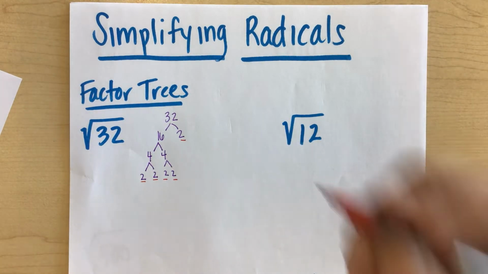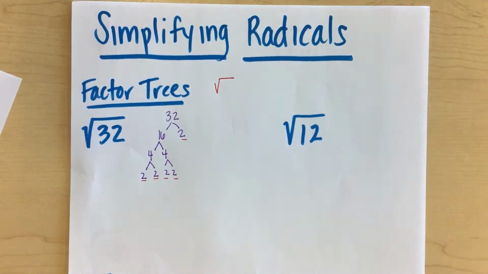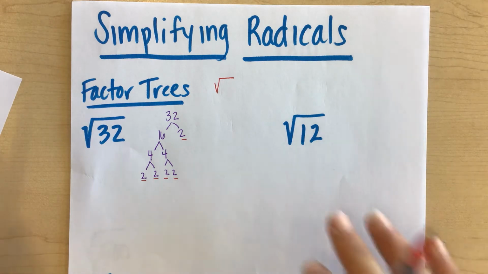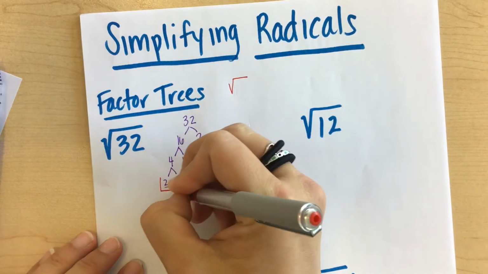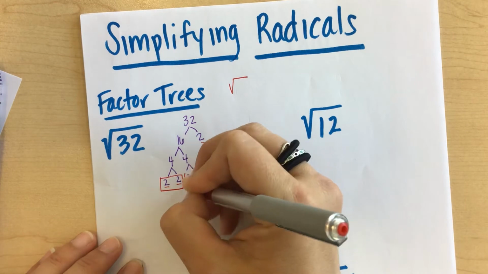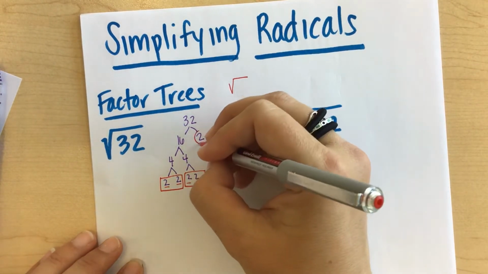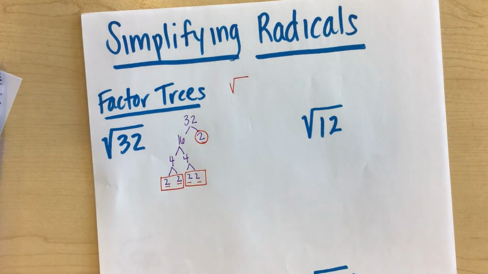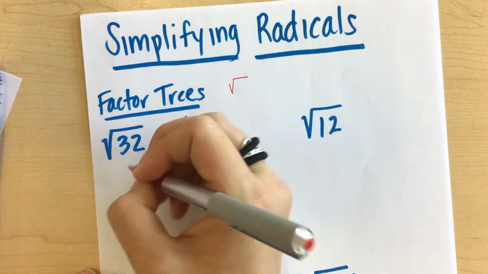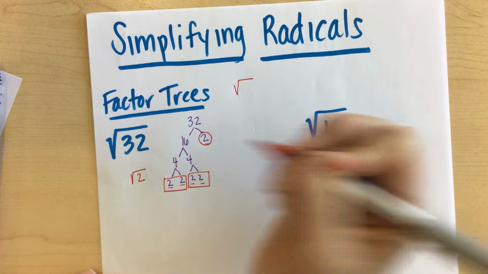Okay? Now, if we think of the radical as jail, right? In order to break out of jail, you have to have a partner. If you don't have a partner, you have to stay in jail. Okay? So we have 2 2's here, and we have 2 2's here, right? So these both have partners, and then this 2 is all by itself. So this 2 has to stay underneath the radical, right?